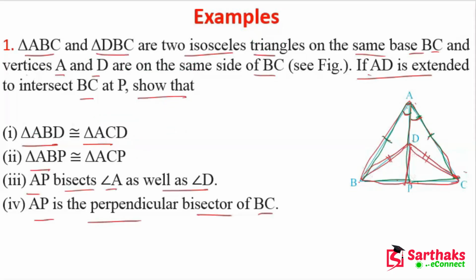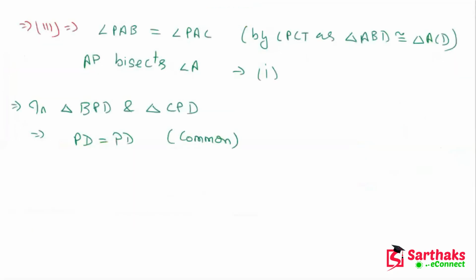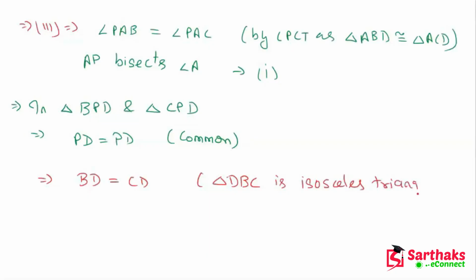PD is common, my dear friends. And BD is equal to CD, because we know that triangle DBC is an isosceles triangle. Got it, my dear friends?